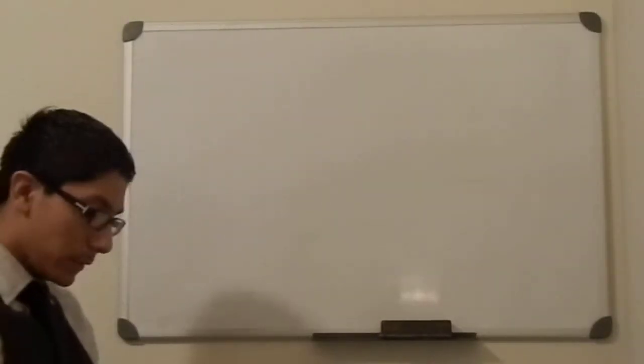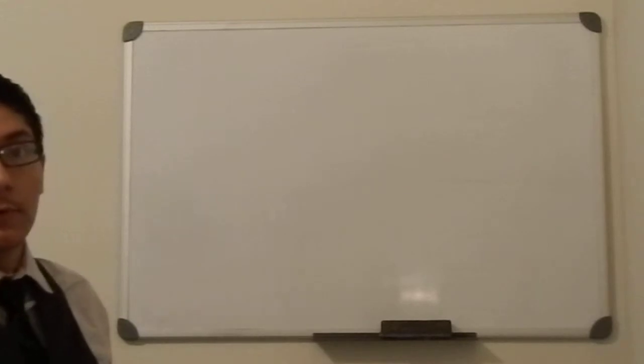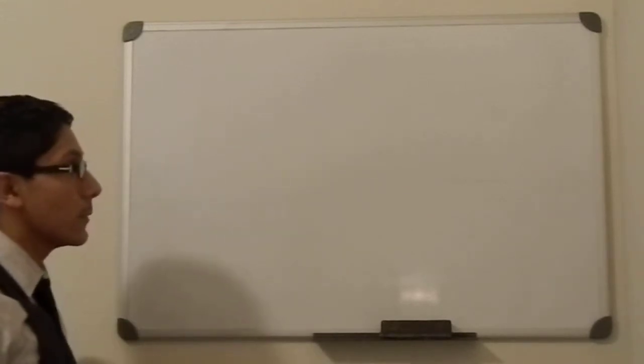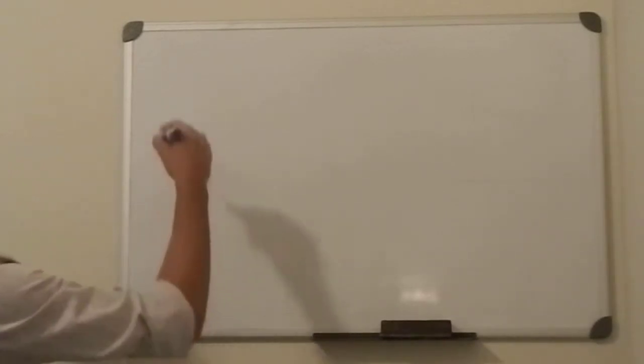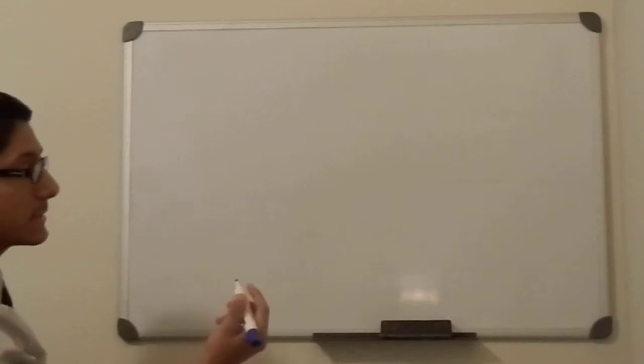In this video I'm going to be deriving the algorithm for multiplication, or in other words I'm going to prove that it works. The algorithm for multiplication is, say we want to multiply 26 times 13.